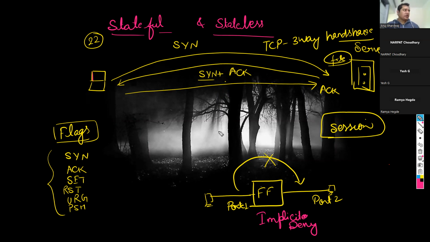Now, in order to allow this guy to connect to the server, you set up a rule. Take a very simple one: 10.1.1.1, and this is the Google server, 20.20.20.20.